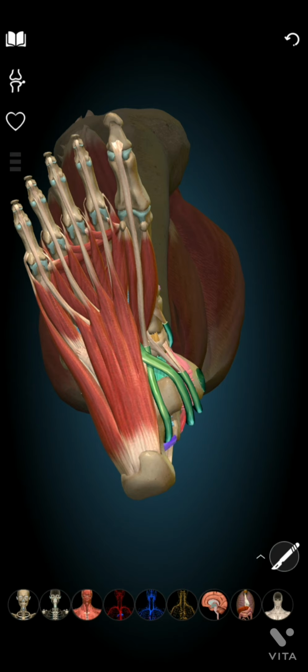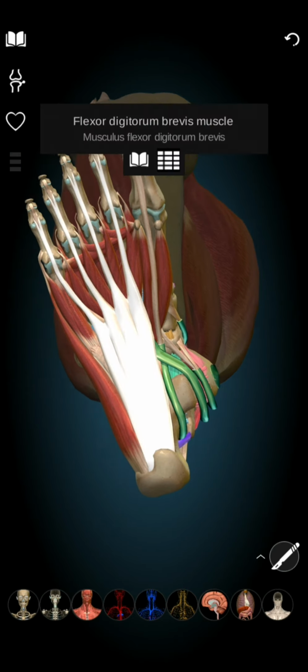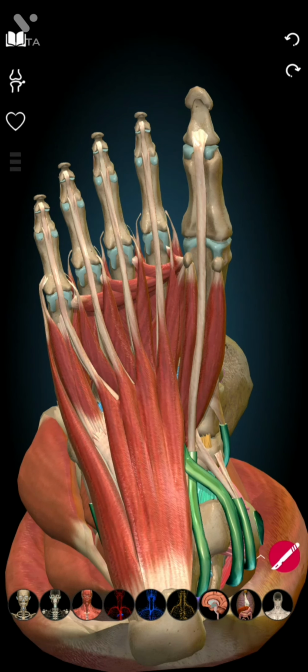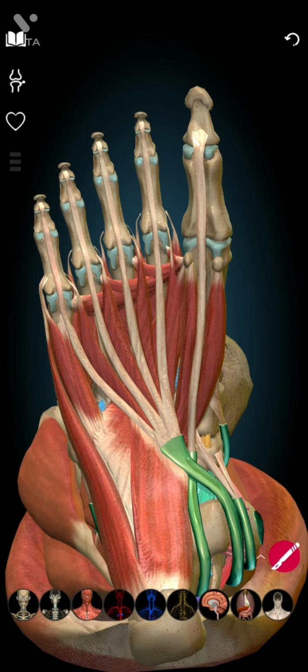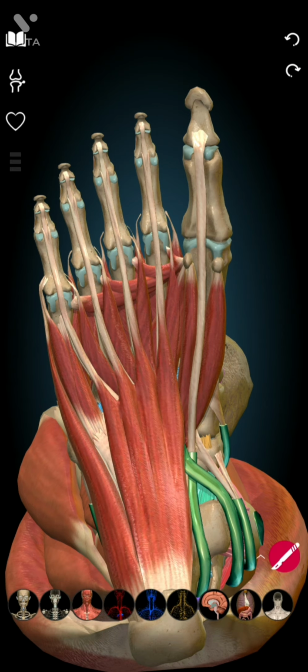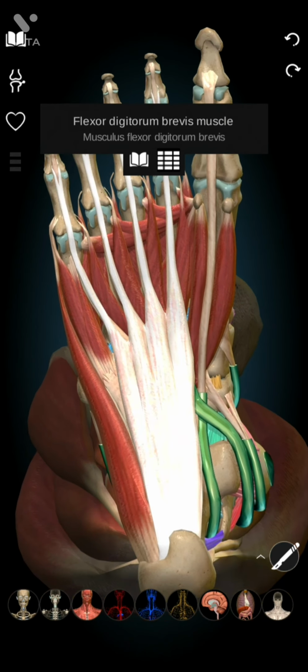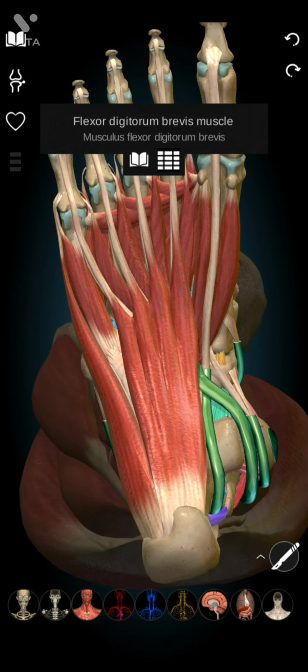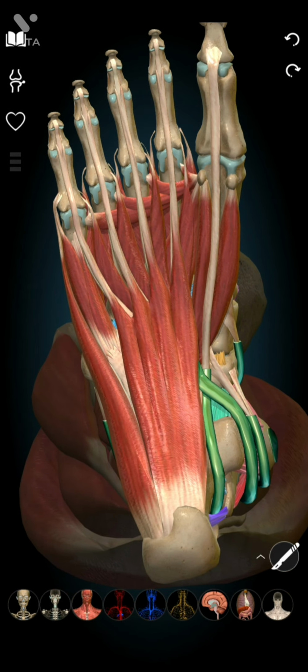Now coming to the next muscle, the flexor digitorum brevis muscle. How does this name work? Initially, it flexes the phalanges.